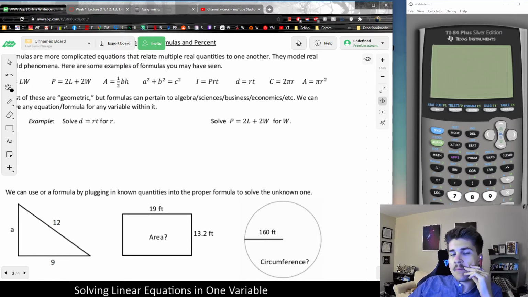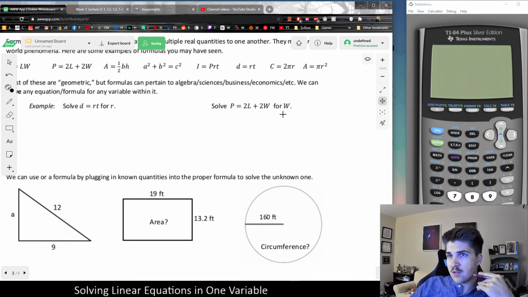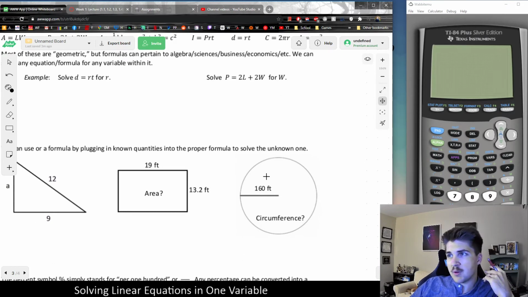Anyways, if you know a formula and what it's used for, you can always use it to solve something. For example, say we wanted to know the circumference of a circle with a radius of 160 feet. Remember, the circumference of a circle has to do with the distance, it's just a fancy word for perimeter. How long is it around the object? Imagine this is a big circular field, and you walk from the center of the field to the outside, a distance of 160 feet.